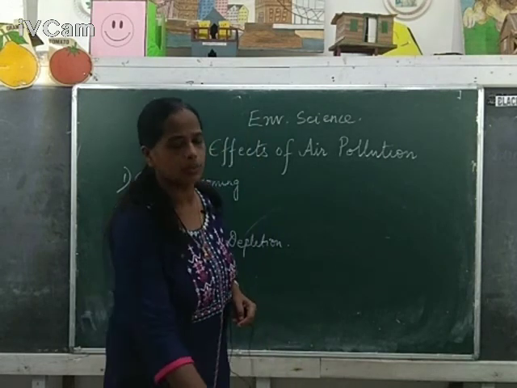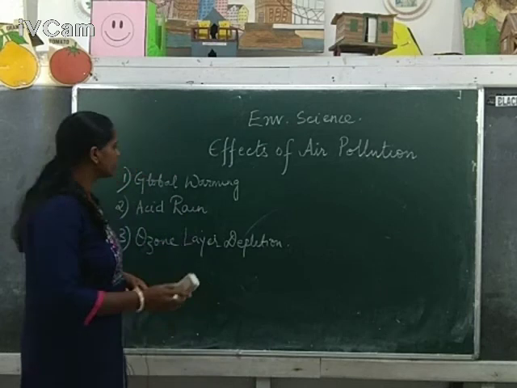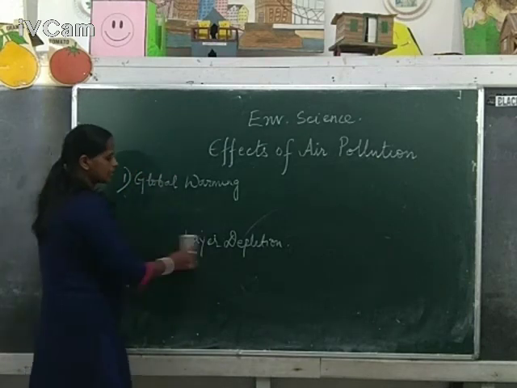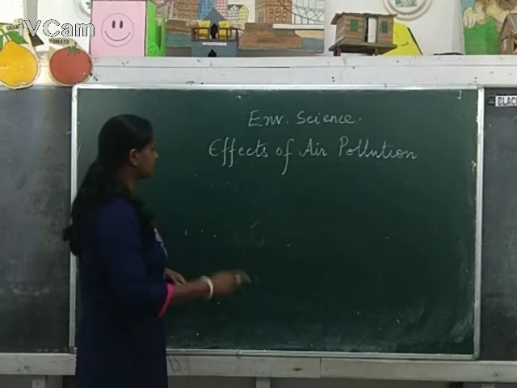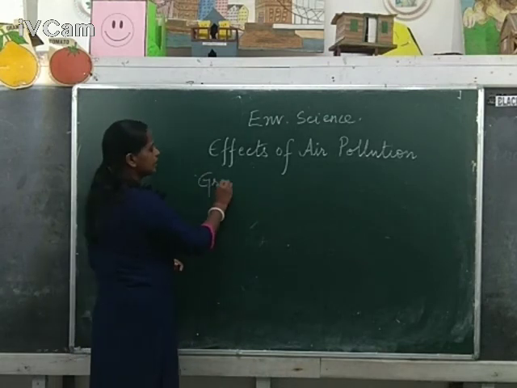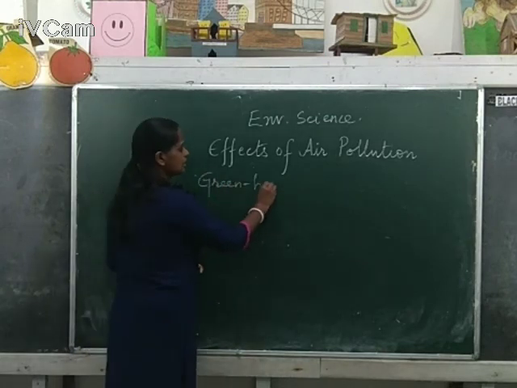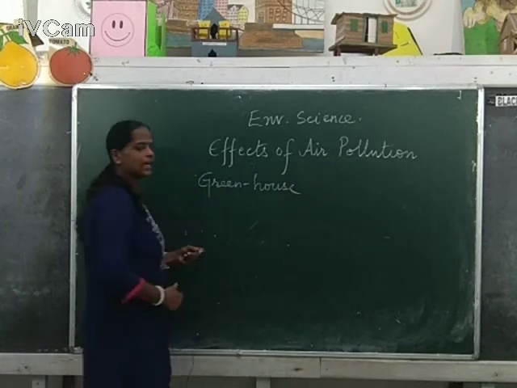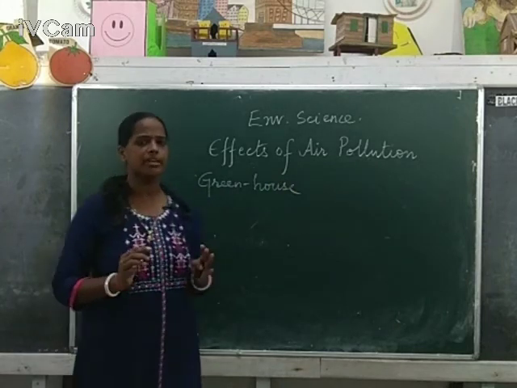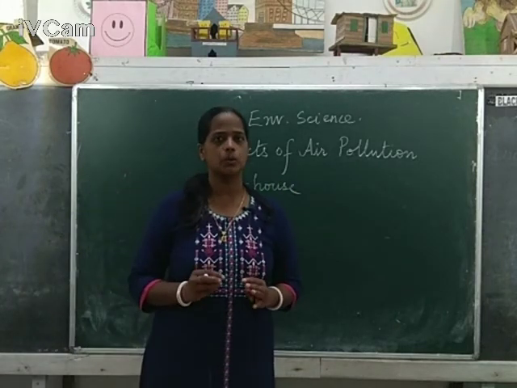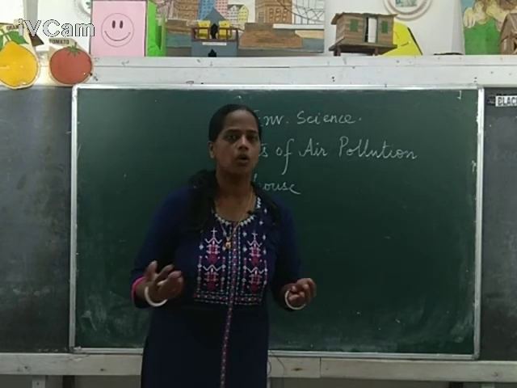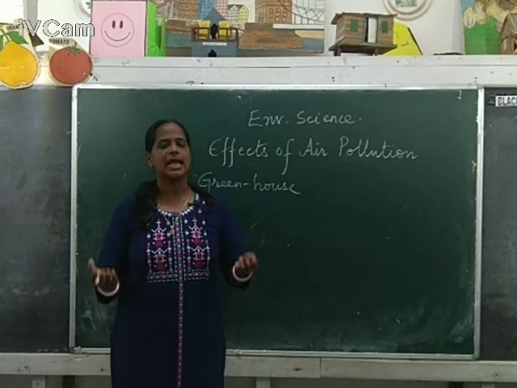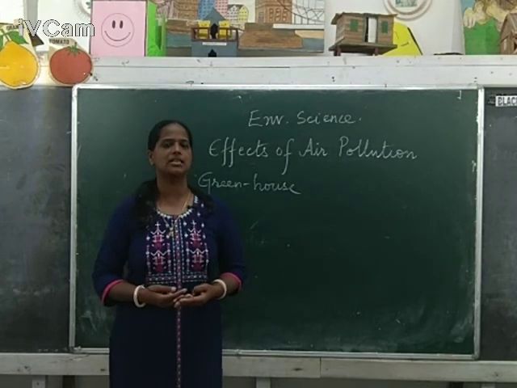So we will start with global warming, which starts with the concept of greenhouse effect. You must have heard about a greenhouse. A greenhouse is a house where we keep the plants. Especially in very cold countries, we make a house of glass or plastic sheets, and then we keep the plants inside the glass house.